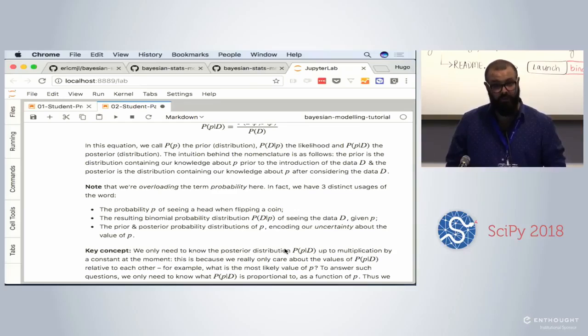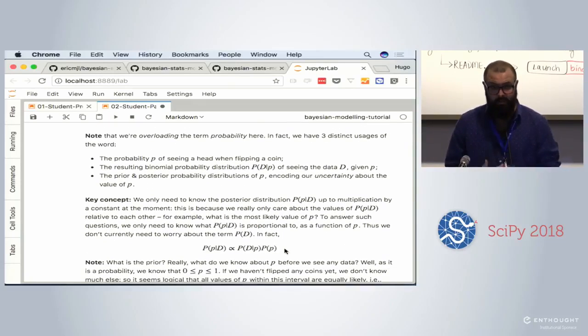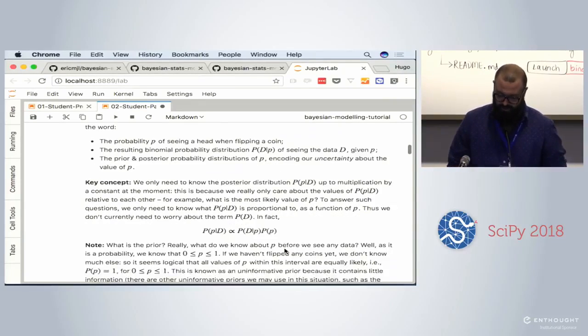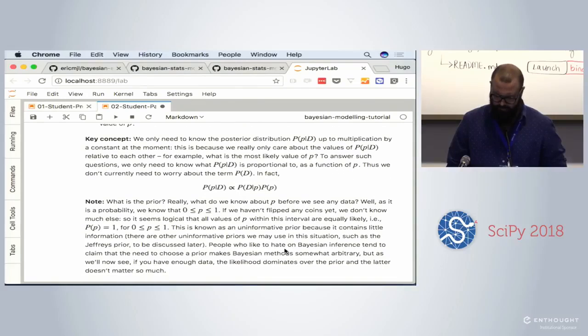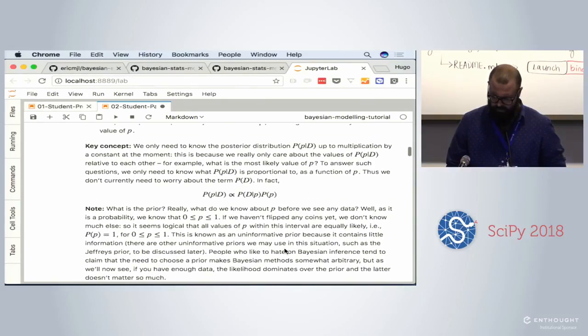I've also used the term probability when thinking about the prior, so the probability of a P, and the posterior, the probability of a particular P. The reason I make that explicit is because it can be incredibly confusing, and I think talking about things that are confusing helps us deal with them. I think that's all I want to say about that.